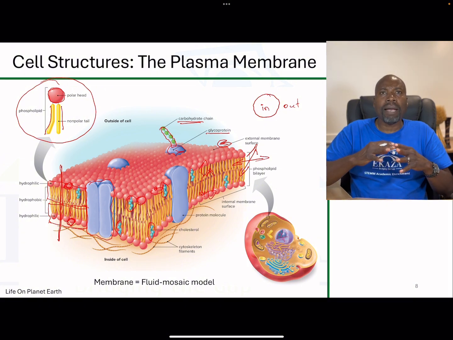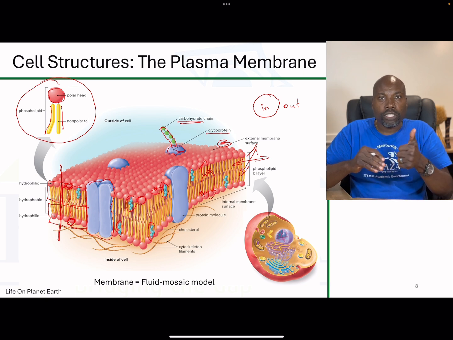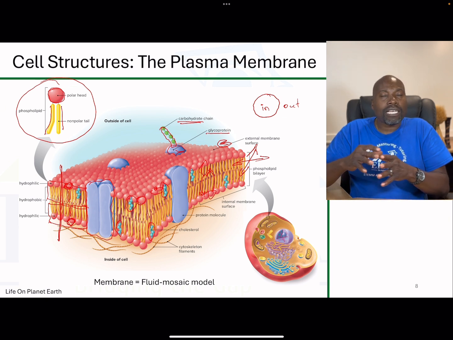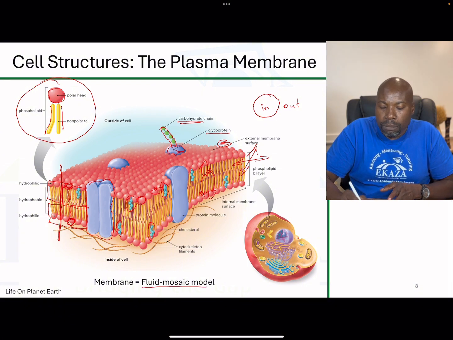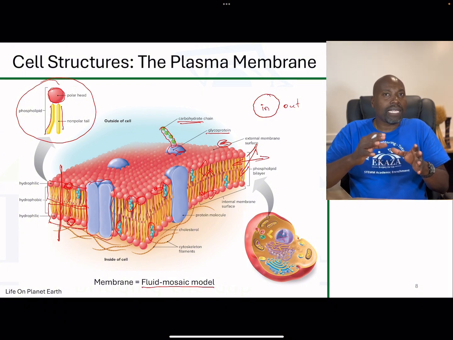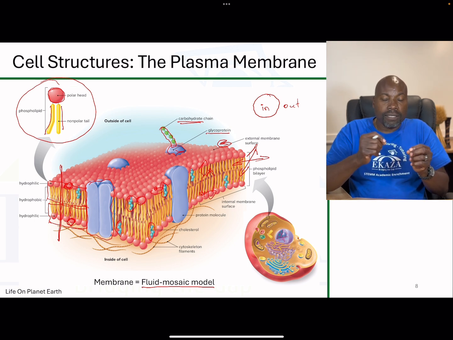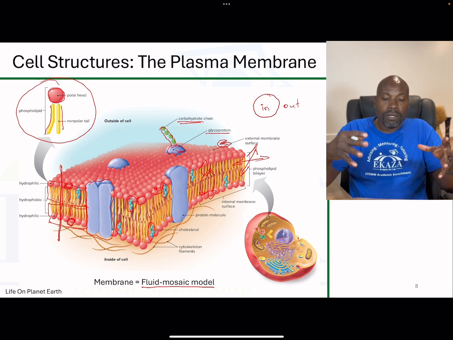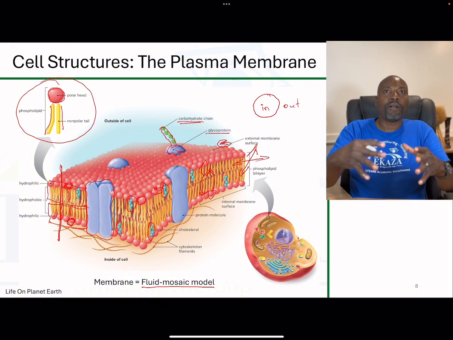What I want you to remember is that the plasma membrane is fluid. That's one. Two, it looks like a mosaic. So the plasma membrane is a fluid mosaic model. A mosaic is basically like an artwork, right? A mosaic is made up of many small pieces that are brought together. When you look at it from very far, the artwork looks great.